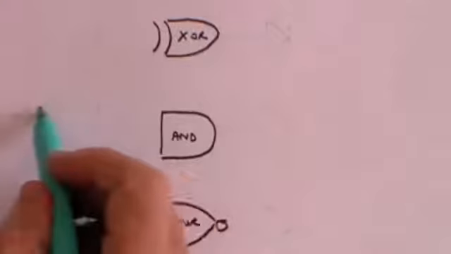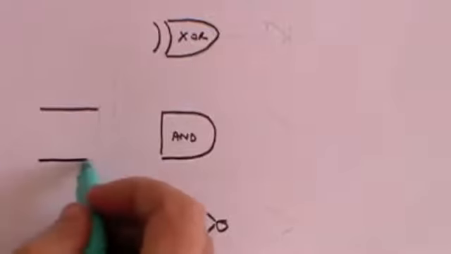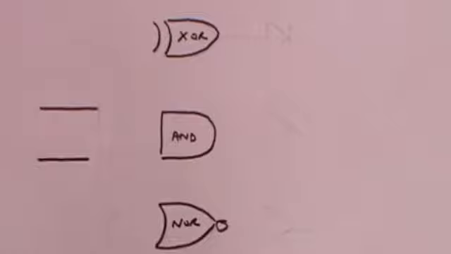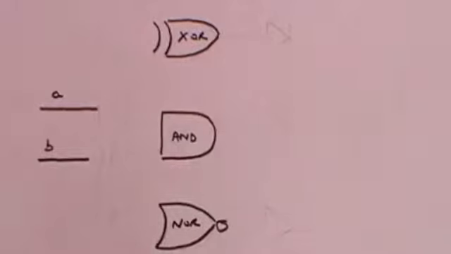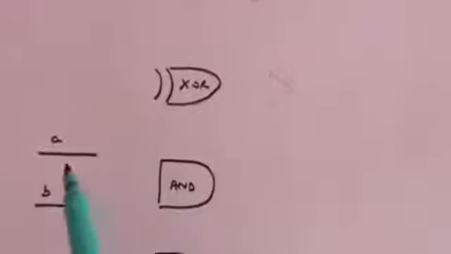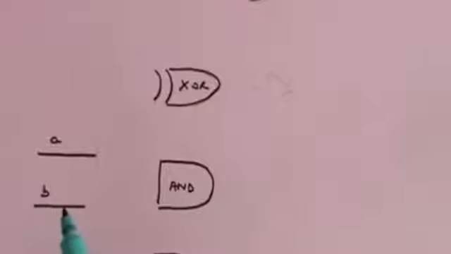We're going to have two inputs, and they are going to represent our values of A and B. If there's a positive voltage, then that represents the number 1, and if there's no voltage, then that represents the number 0. So in other words, we're going to either put a positive voltage on A or not, and a positive voltage on B or not. The positive voltage represents our number 1, and if we don't put a positive voltage on, that represents the number 0.